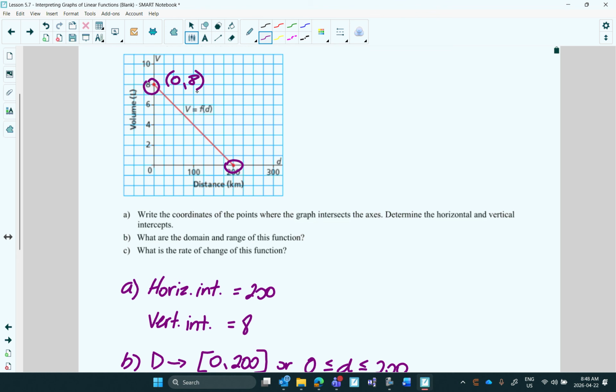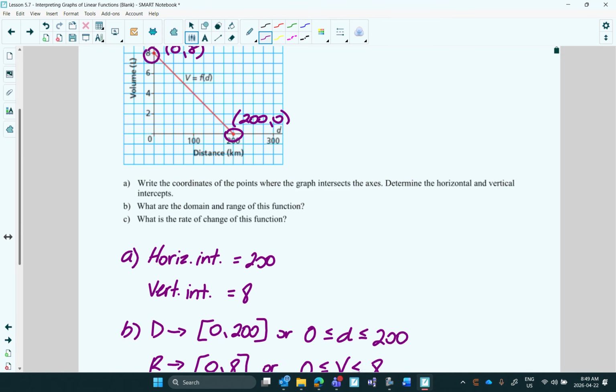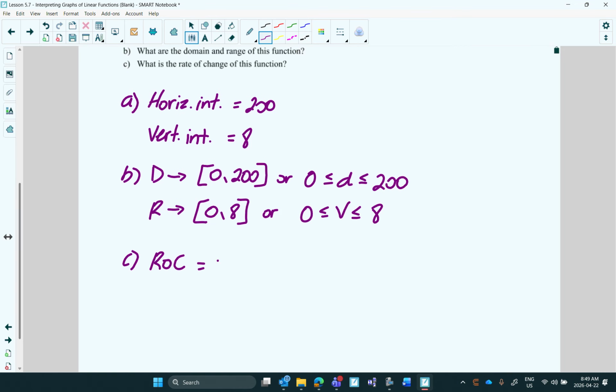And this is 200, 0. So let's do second Y minus first Y over second X minus first X. So we get 0 minus 8 over 200 minus 0. That gives us negative 8 over 200.